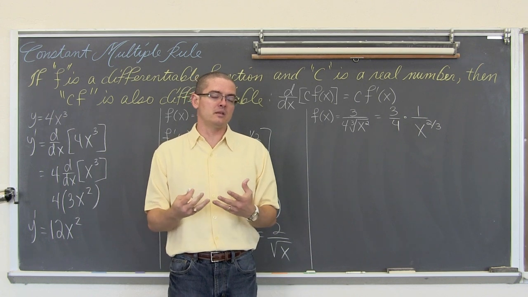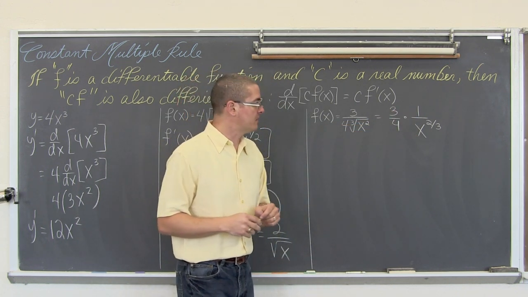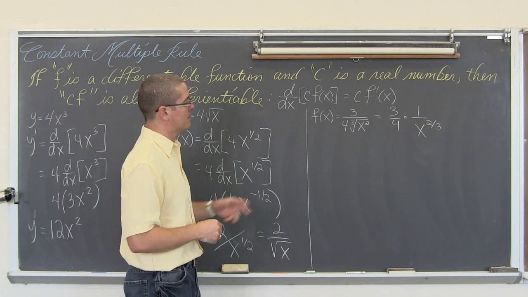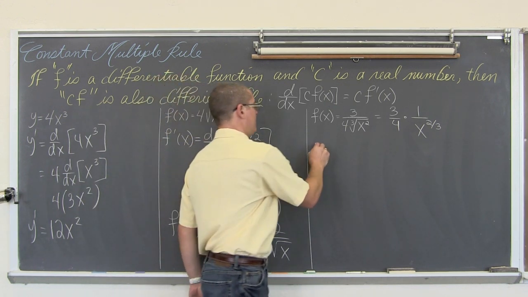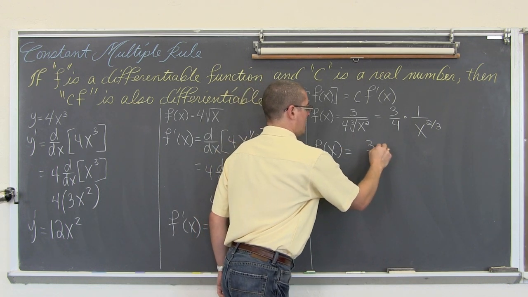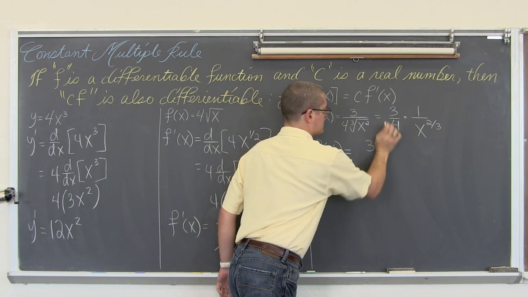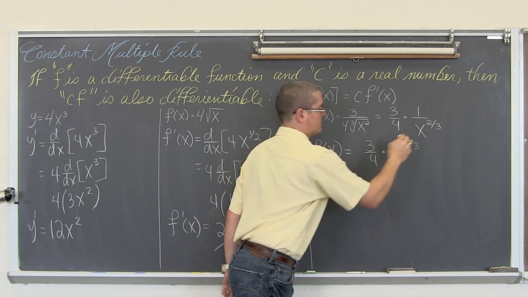Now, I still can't find the derivative here because this is not written in the power setting that we've been dealing with. It's actually division, and we don't know the quotient rule yet, nor would it be a great choice here because it would make things a bit more complex. So we have f of x is equal to 3/4 times x to the negative 2/3.